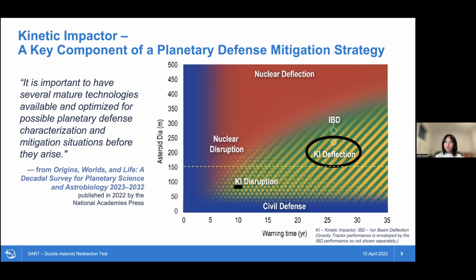Well, the navigation right now does not use AI technology. The DART spacecraft used a navigation technology called SMART Nav. It just takes images of the target, determines where the target is in space, and then adjusts the trajectory. As you can see, the navigation has been very accurate.